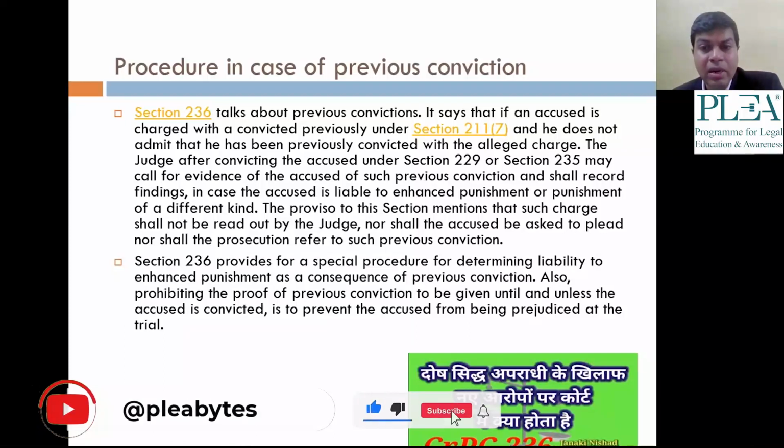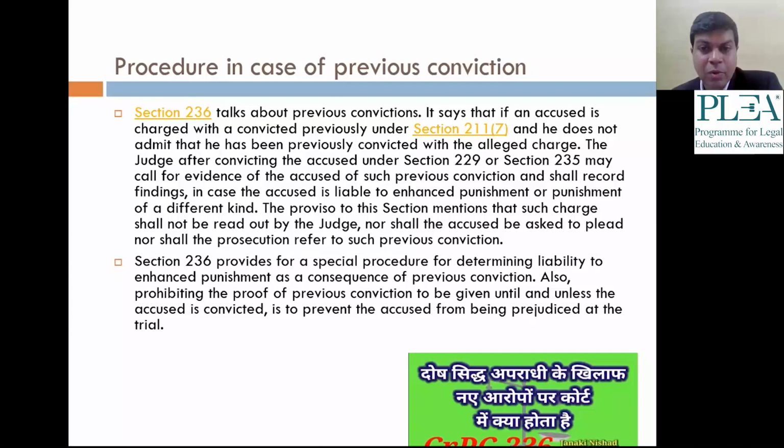In case the accused is liable to enhanced punishment or punishment of a different kind, the proviso to this section mentions that such charge shall not be read out by the judge, nor shall the accused be asked to plead, nor shall the prosecution refer to such previous conviction. So normally, whenever there is an offense, the judge also takes into account whether the accused has committed any other crime.